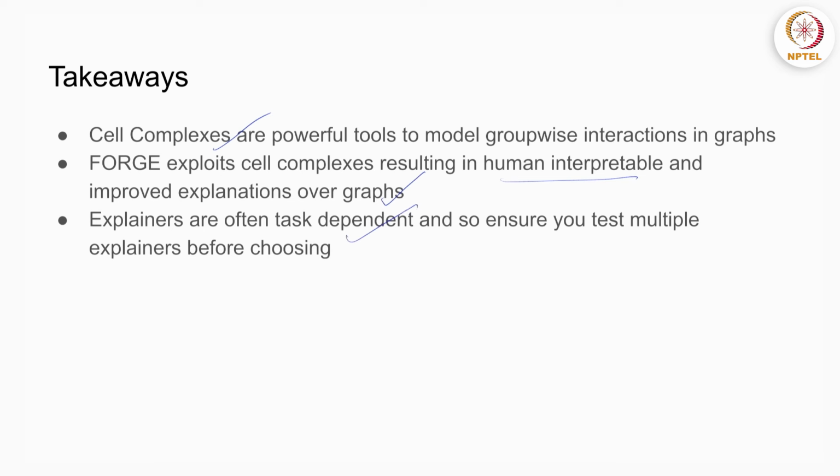And again, explainers as well as our method Forge are often task dependent, and it is important that we choose explainers not arbitrarily, but test them before choosing them. That's all. Thank you.